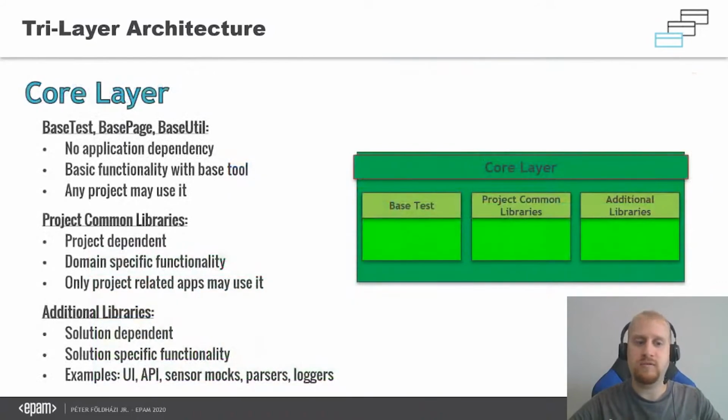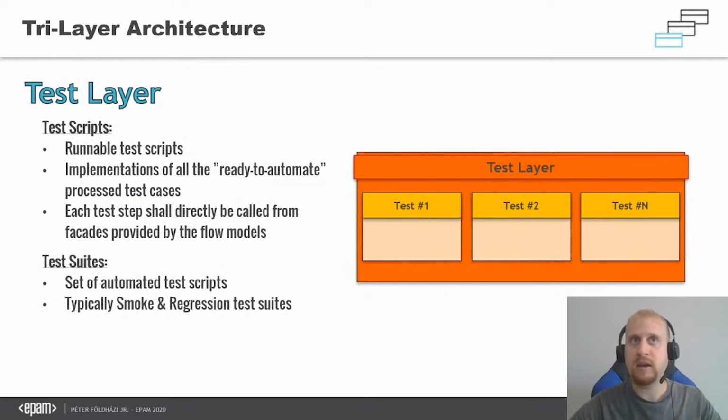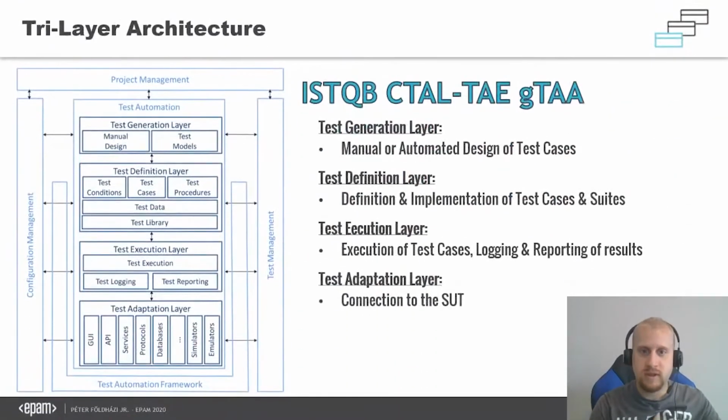Okay, so going through, and again, what's very important is that you can use this concept not just for UI testing, but for API testing and other kinds of testing as well. So let me show you the ISTQB's version of architecturing. This is very important because it was released at the end of 2016.